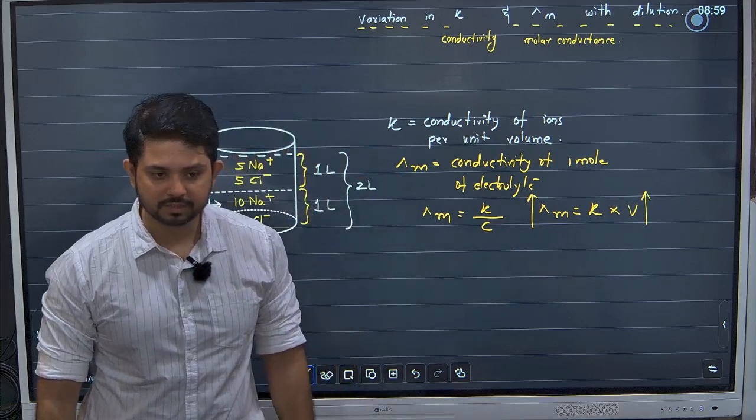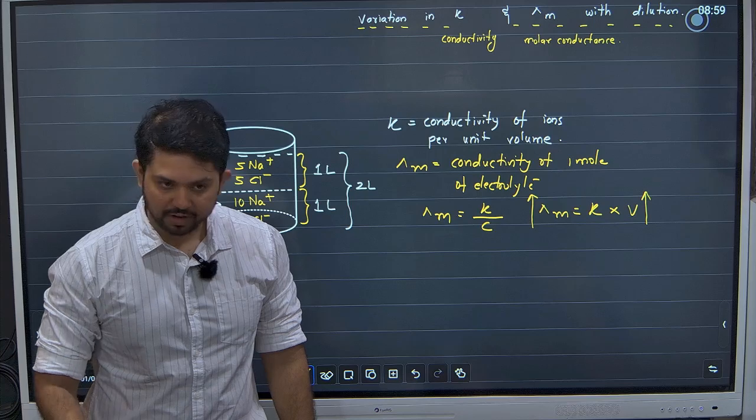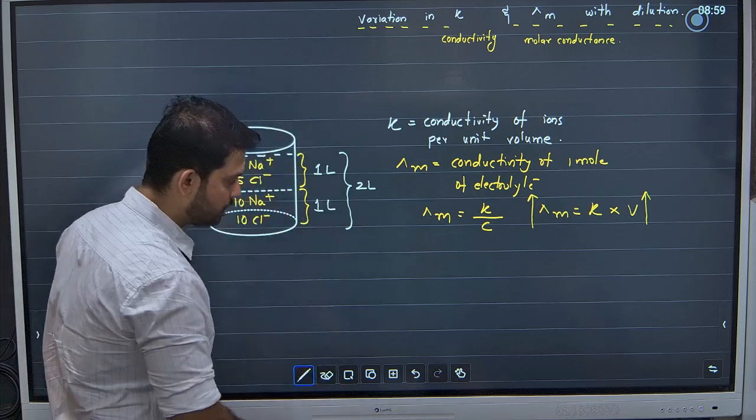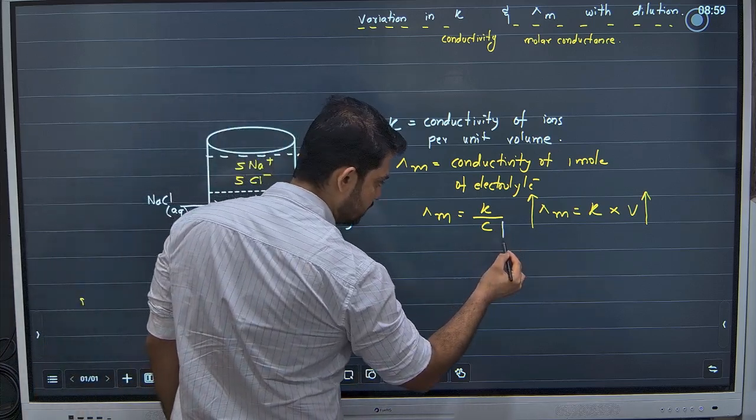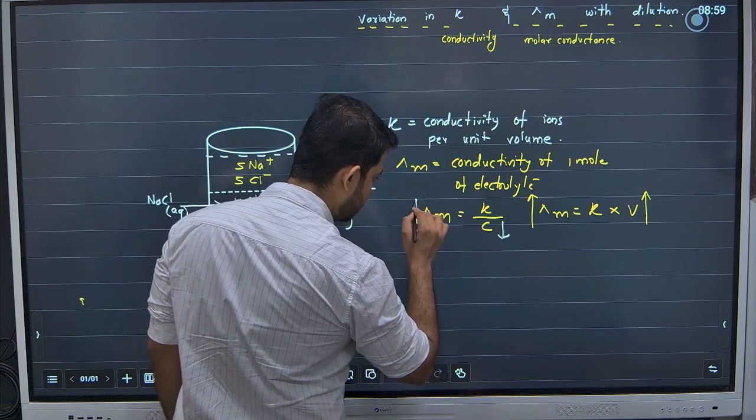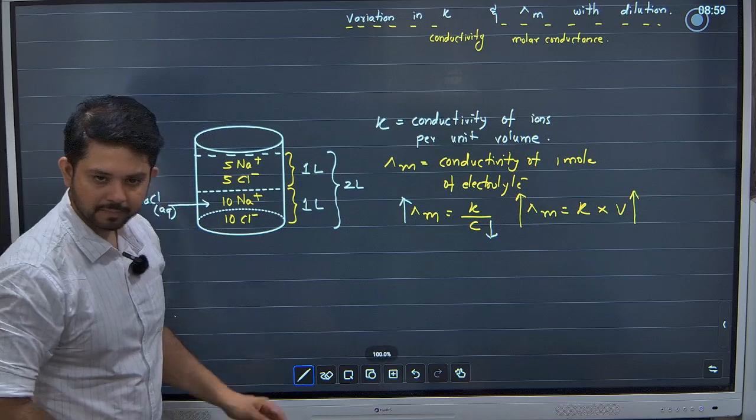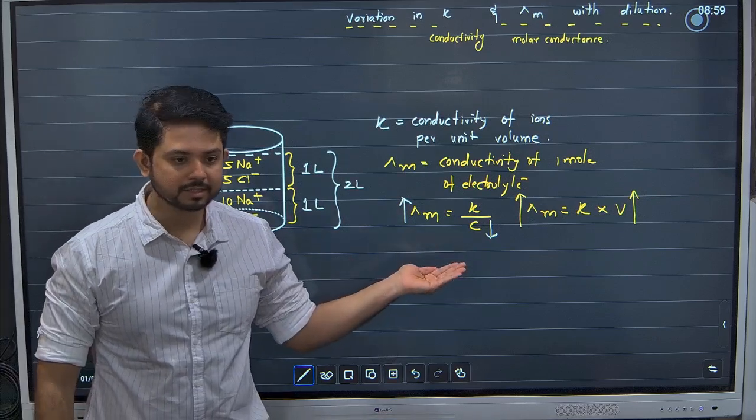It will increase. Or if I keep on diluting the solution, what is going to decrease? Kappa. So obviously what is going to increase? Lambda m. Yes or no?